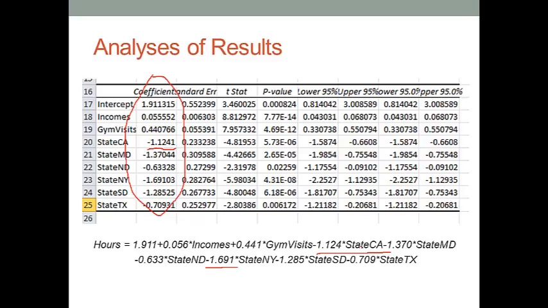And then you look at the next smallest coefficient in this equation, minus 0.633. The customer is from ND, North Dakota. If the customer is from North Dakota, we only subtract 0.6 hours. So North Dakota should be the second place. And then the third place goes to Texas.